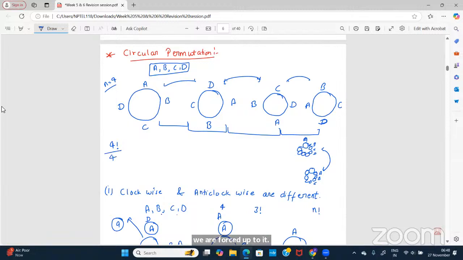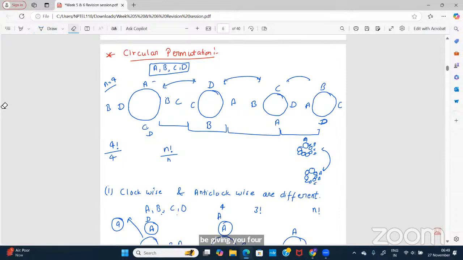You can generalize it for n also: we can arrange n things in n factorial ways, and then they will give you n similar arrangements. Like in the first picture, they all are the same. Here I have written A, B, C, and D. What if I had written A, C, D, and B? Then also it will give you four similar arrangements.